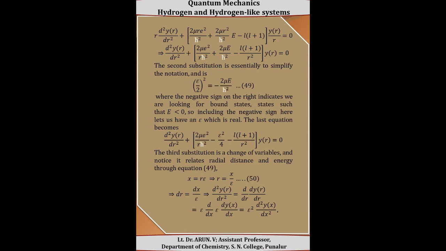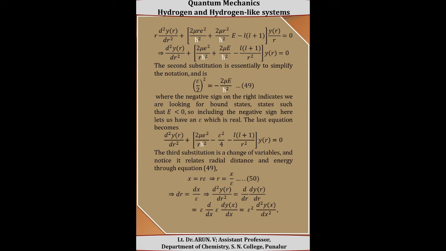Then we make the second substitution, and it is essentially simply giving another notation: (ε/2)² equal to −2μE/ħ². That is, instead of −2μE divided by ħ², we put a substitution (ε/2)², where the negative sign indicates we are looking for the bound state in which energy is less than 0.